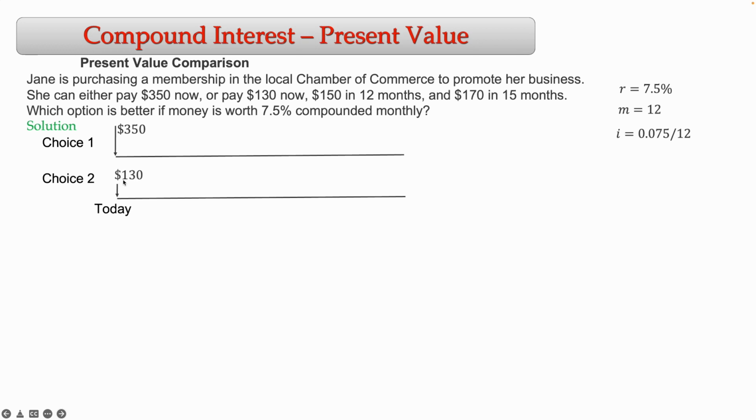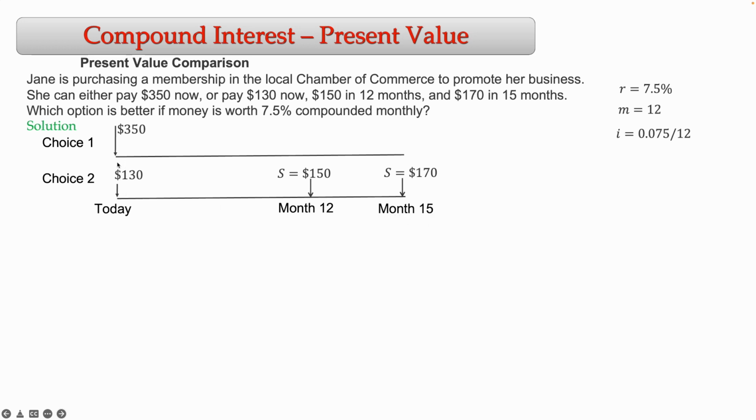Then in month number 12, 12 months later, you need to pay $150. And finally, in month 15, you're going to pay $170. So there are 12 months between today and this amount, and 15 months between today and the last amount.